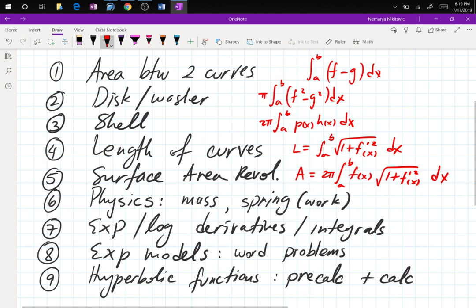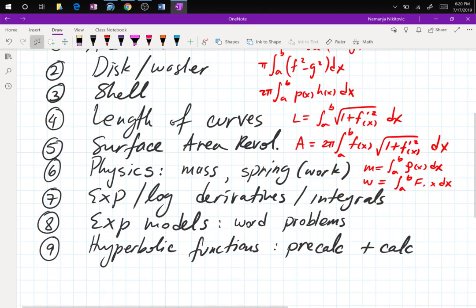But it's all the same, just replace all x's by y's. Physics, we said that the mass is the integral of density, and the work for the spring would be integral a to b of force times x dx, right, from Hooke's law.